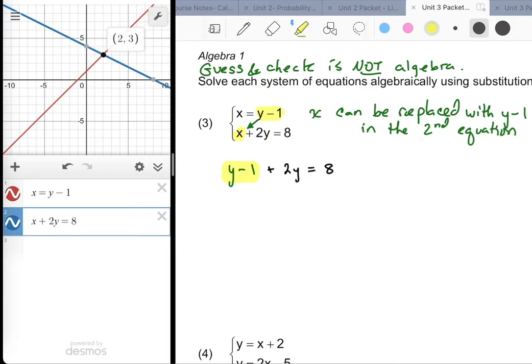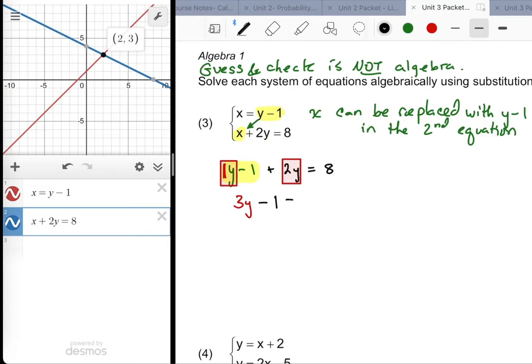We have the understood coefficient of 1 in front of the y. This coefficient here can be combined with this coefficient here through addition. 1y plus 2y is equal to 3y. So 3y minus 1 is equal to 8.